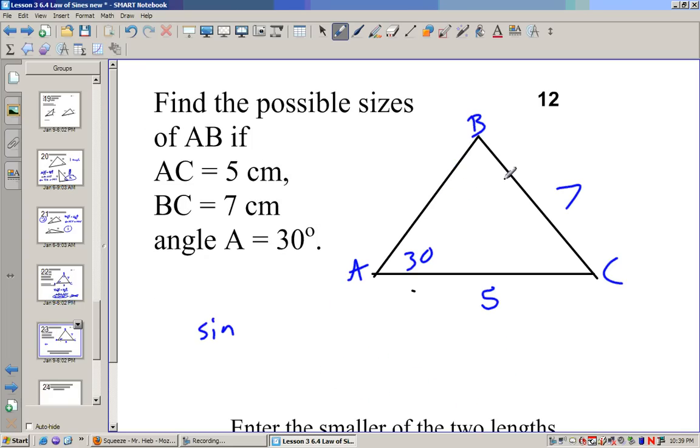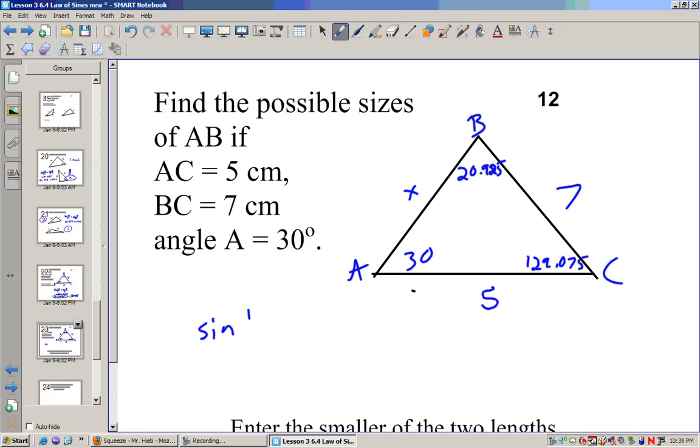20.925. And what we just need to find now is the side AB. So 30 plus 20.925, subtract that from 180, and this is 129.075.